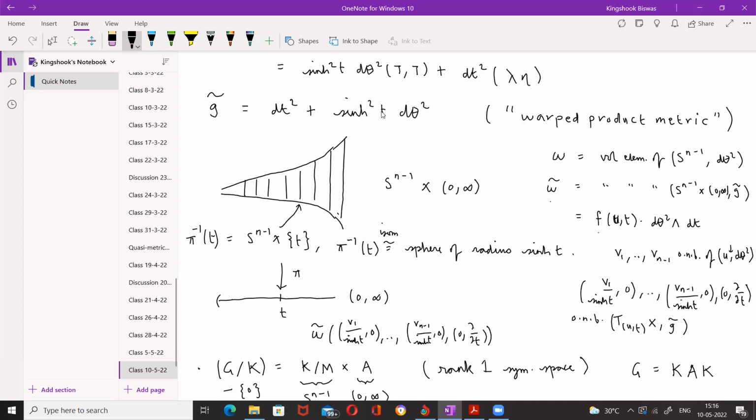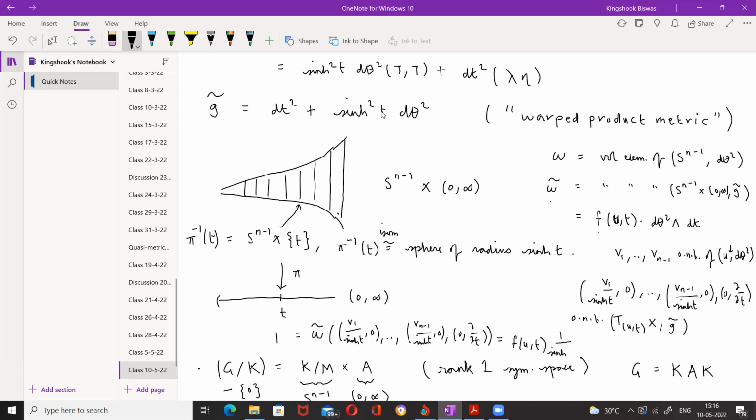This is going to be 1, and this is going to be f(ut), and then the 1 over sinh t comes out to the power n minus 1.